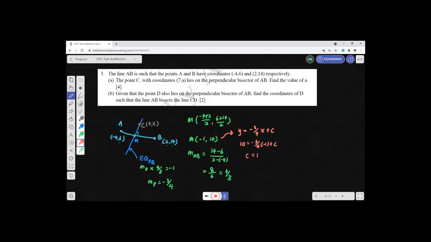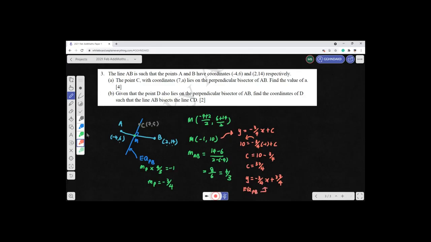Okay, your c will be 10 minus 3/4 because negative, negative, positive, bring to other side, it becomes negative. So it will be 37/4. So y is equal to -3/4x plus 37/4. It's not done yet. This is just the equation of the perpendicular bisector.